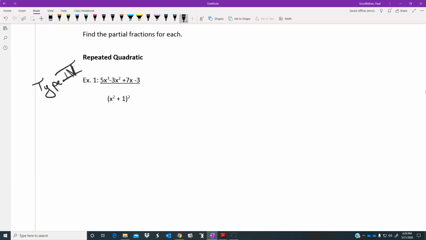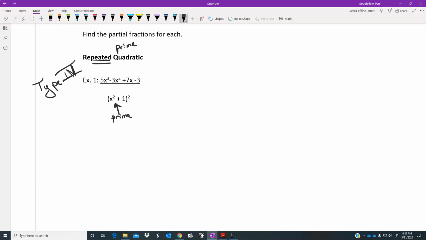Type 4 basically boils down to coming back to this idea of a repeating prime quadratic, and we'll see how those particular ideas repeat. Now, you can see that this one is a non-factorable or prime quadratic, because if I tried to factor it, it would generate unreal or imaginary answers.